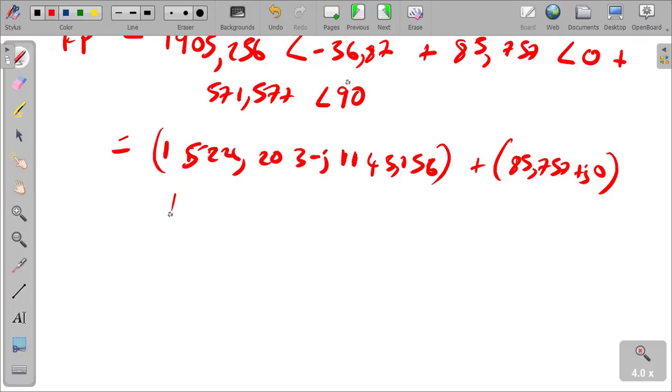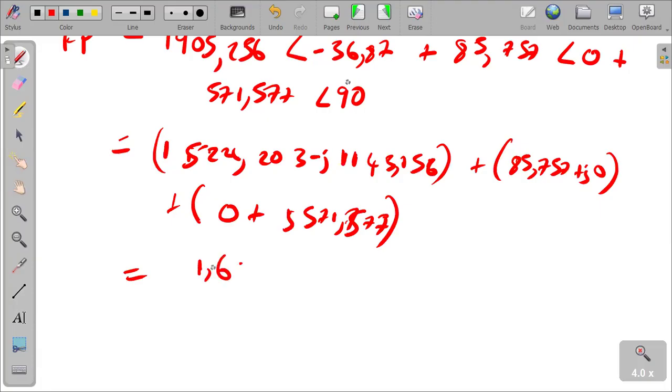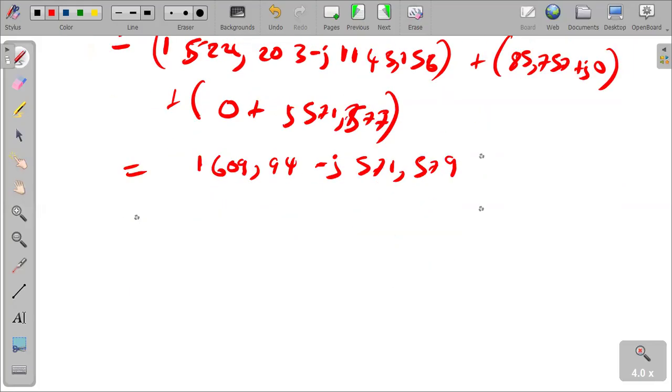Plus, the third one is 0 plus J571.577 in rectangular as well. So we add them now, real components on their own, imaginary components on their own. That will give us 1,609.94 minus J571.579.